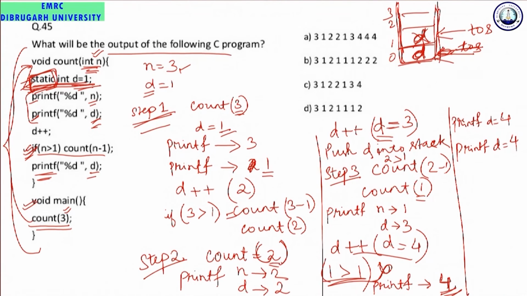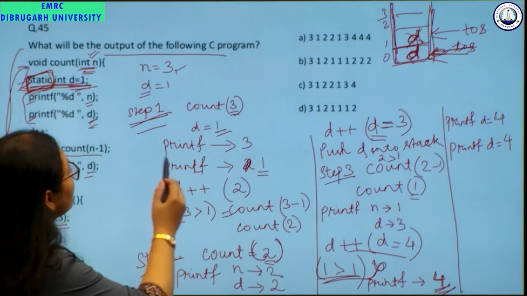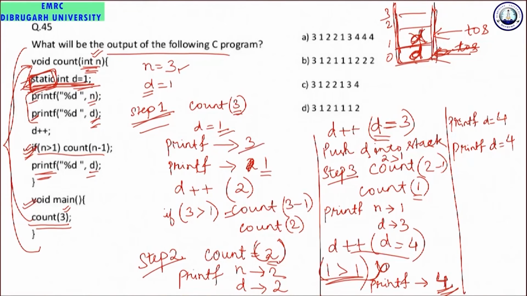So, now you check here. This is the first output, the second output. Okay. So, 3 1, then 2 2, then after that 1 3, 4 4 4.